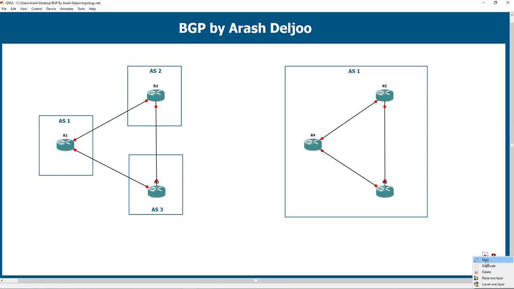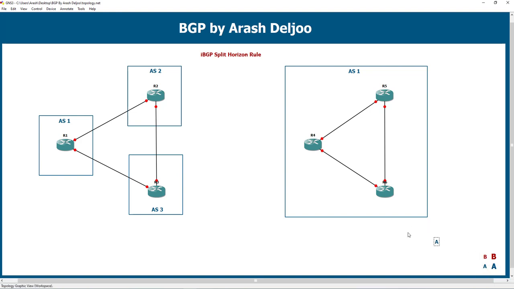I want to show you the meaning of the iBGP split horizon, maybe one of the most important topics in BGP or iBGP. What does that mean? First, we should check two scenarios, and after that we can understand this rule.